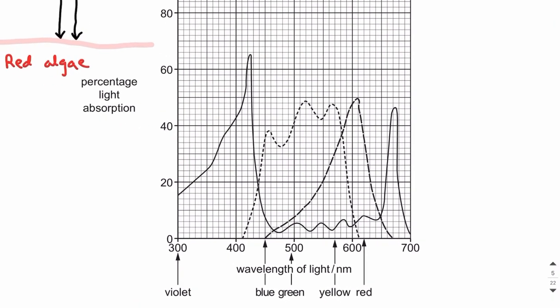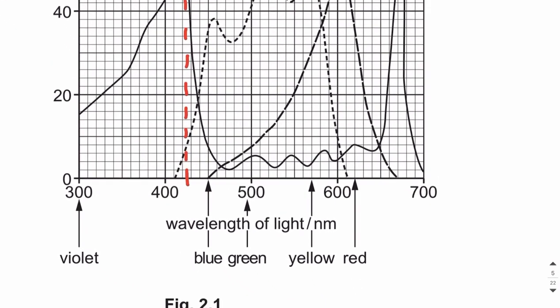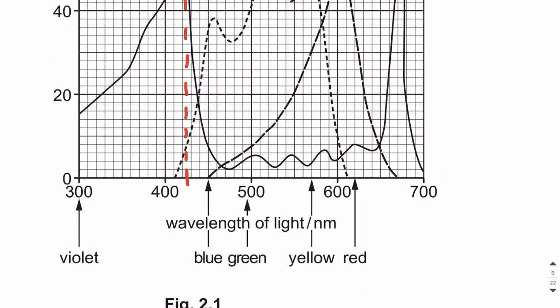So we can say that chlorophyll A has high absorption at which wavelengths? We need to identify the wavelength, right? So chlorophyll A has high absorption at 425 nanometers, right?